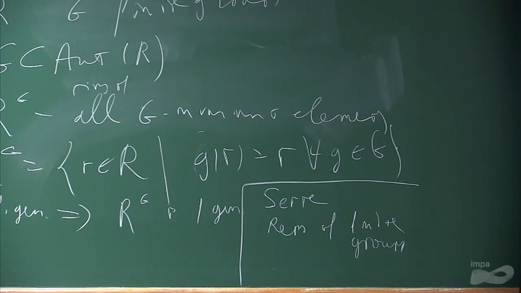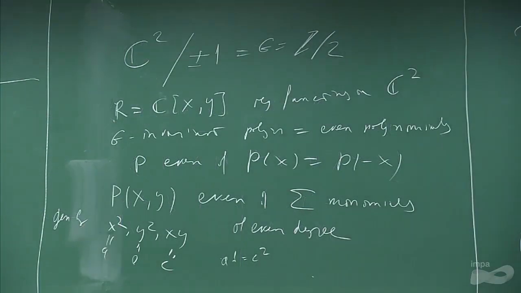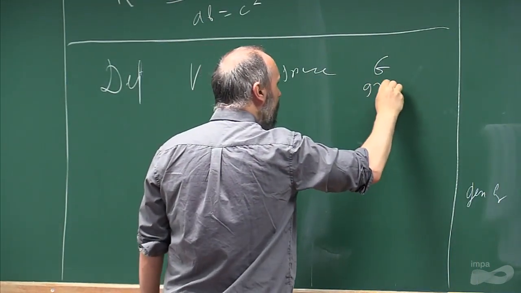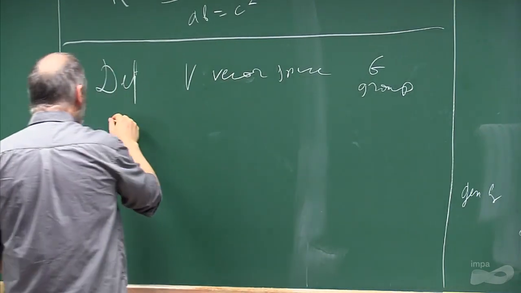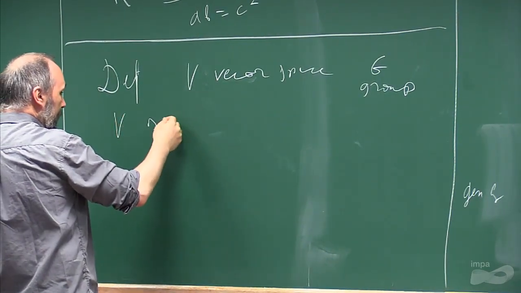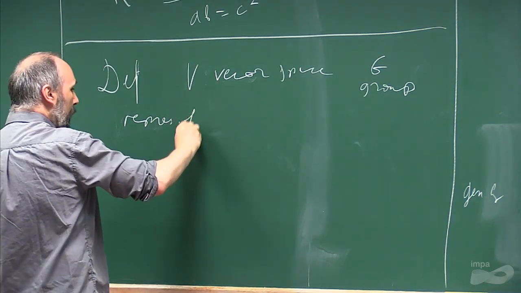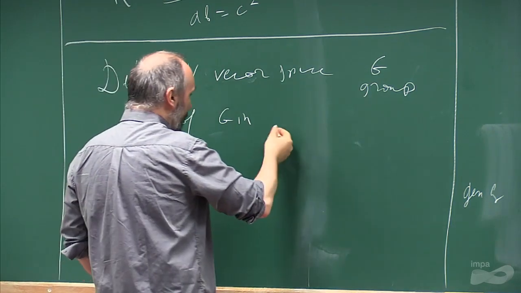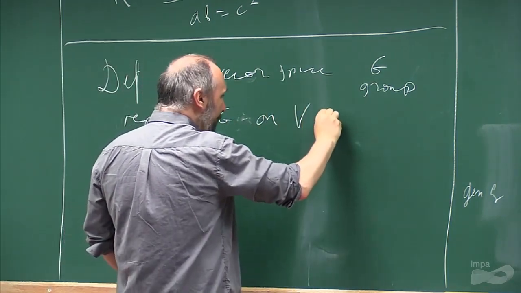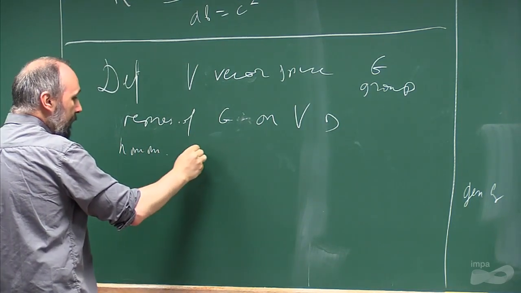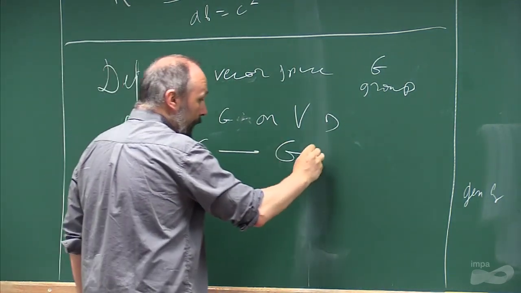Okay, so definition. Suppose you have V vector space, G group. Then a representation of G on V is a map, a homomorphism from G to the group of matrices.